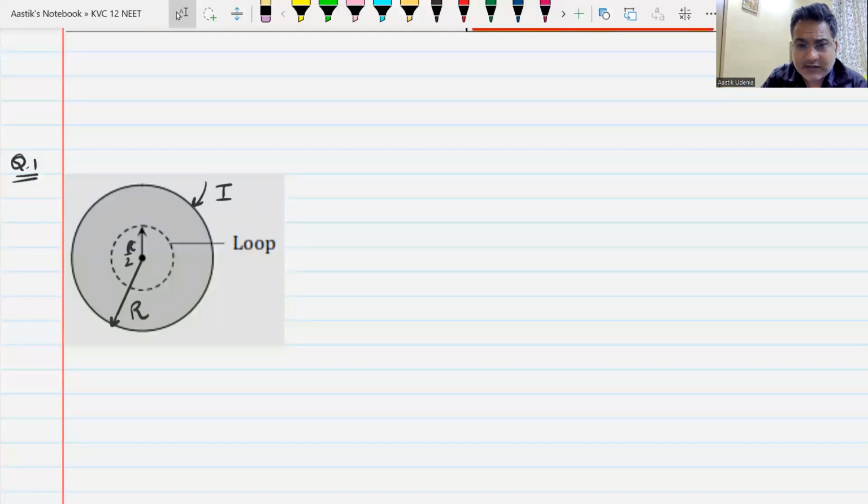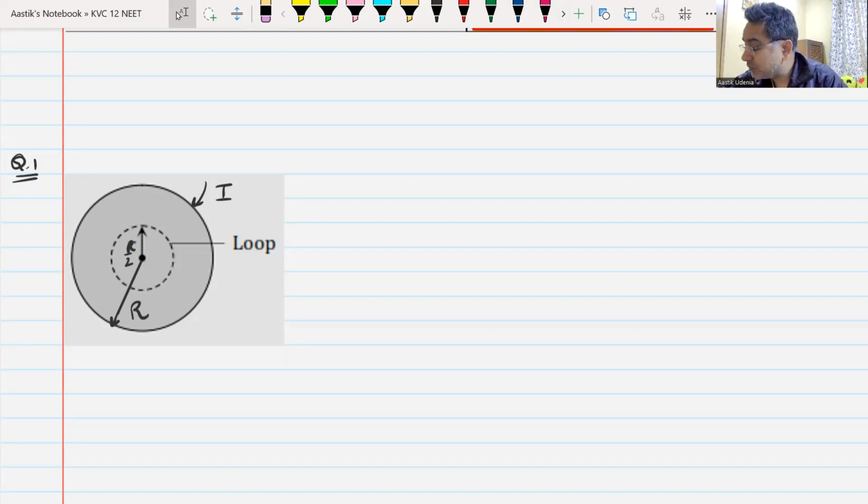Well then, this is the question that I'm giving you. You have an infinite solid cylinder, or some people may call it an infinite solid cable. This cable carries a current I. The radius of the cable is capital R. You have to find the magnetic field at the point which is shown.